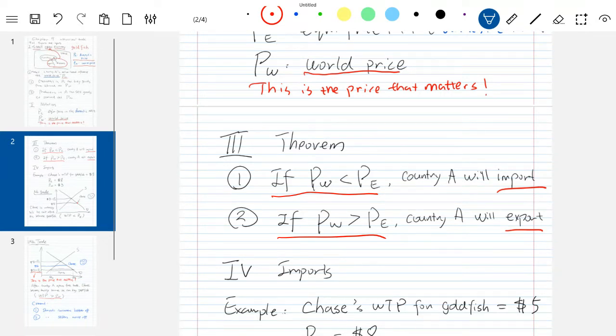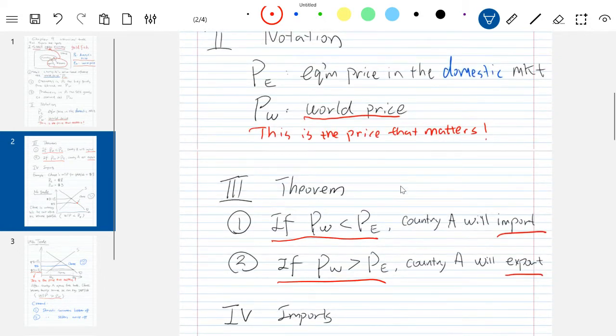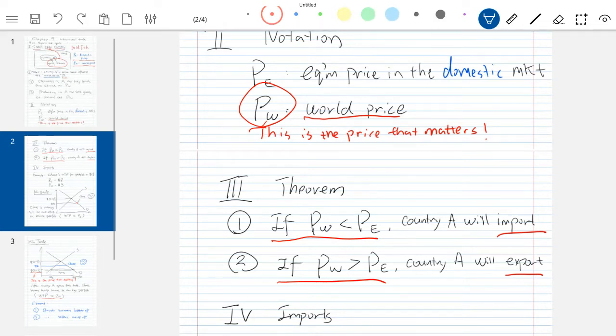Before doing the diagram, I want to stress one thing, which is after a country opens to free trade, the world price PW will be the new equilibrium price that matters, because again, country A is so small. After it opens free trade, all the consumers and producers within country A have incentive to buy and sell goldfish at the world price.